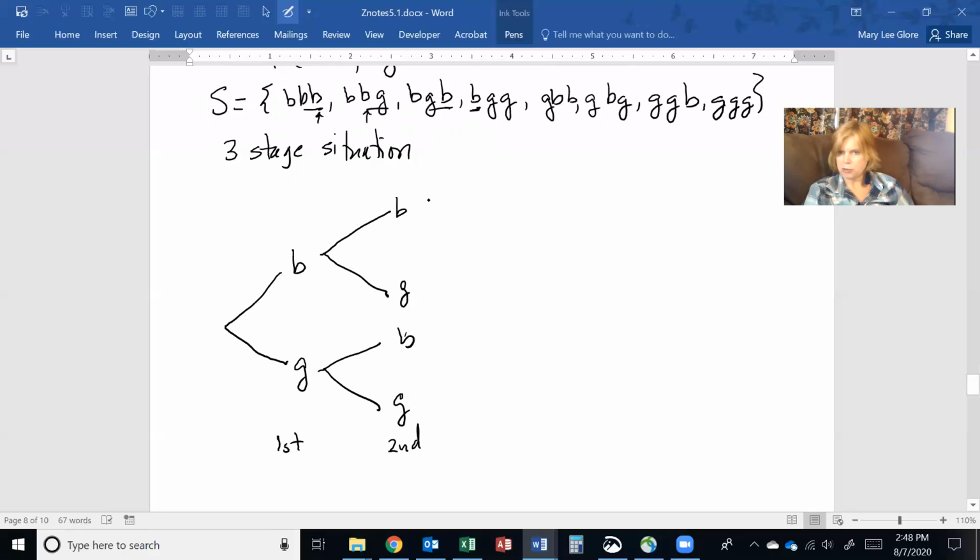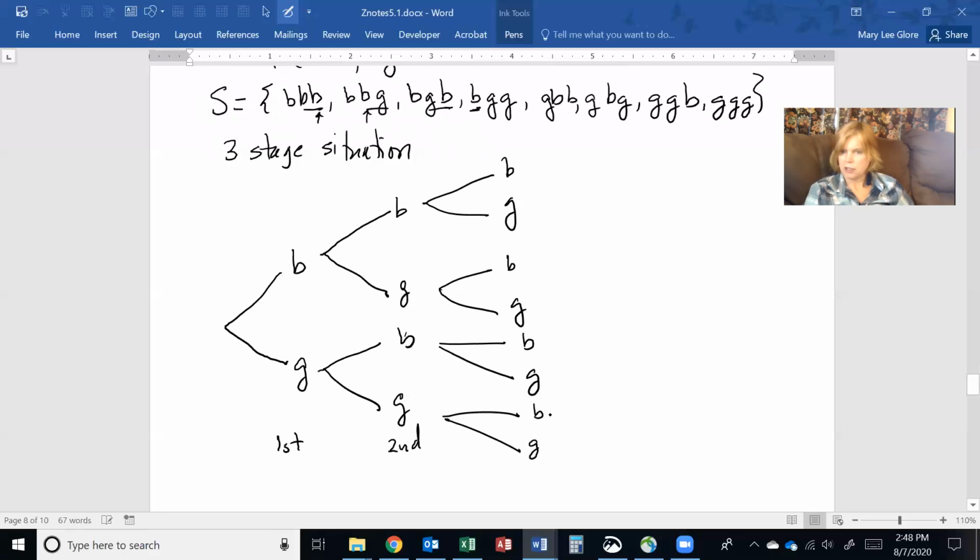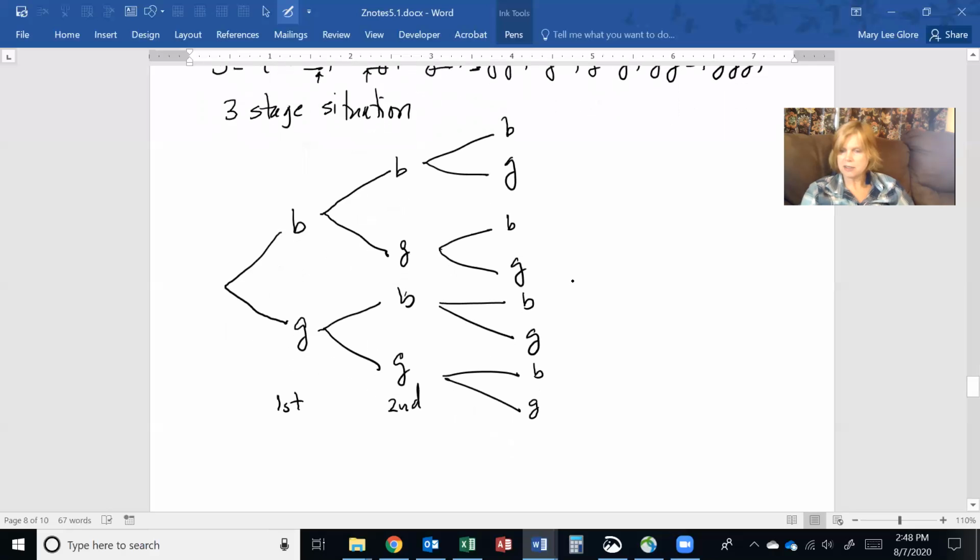Then I would have 2 options for the last kid: boy, girl, boy, girl, boy, girl, boy, girl. This is the third kid. So this path means boy, boy, boy.